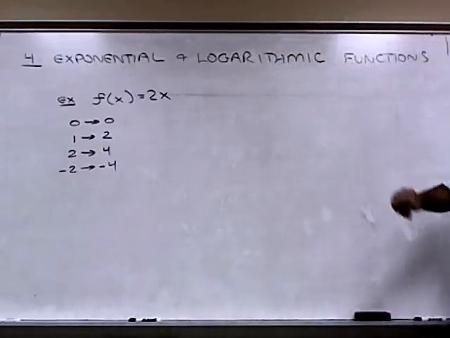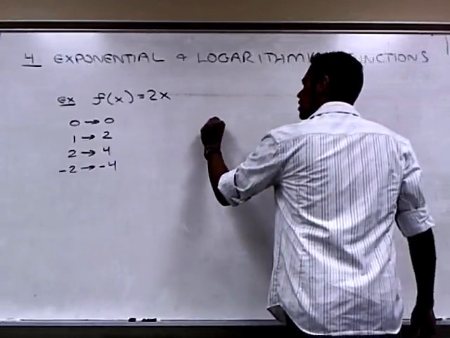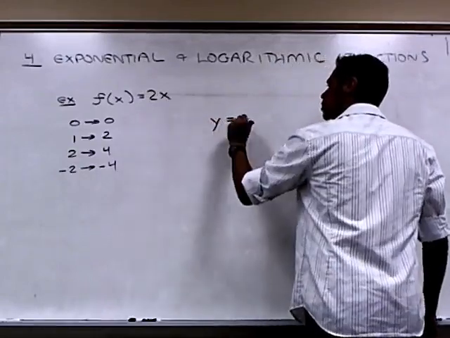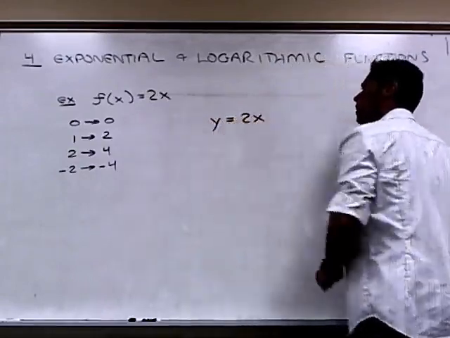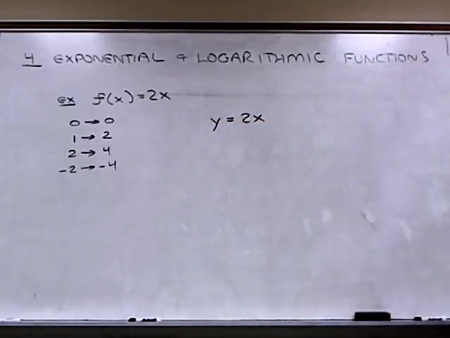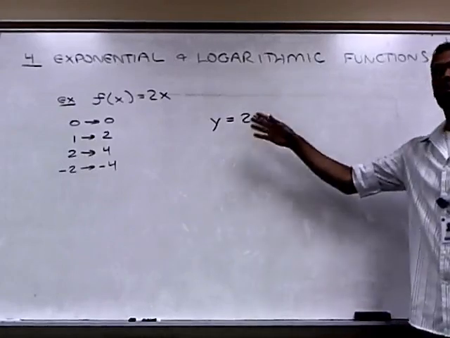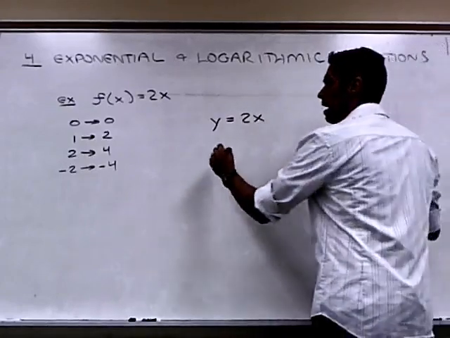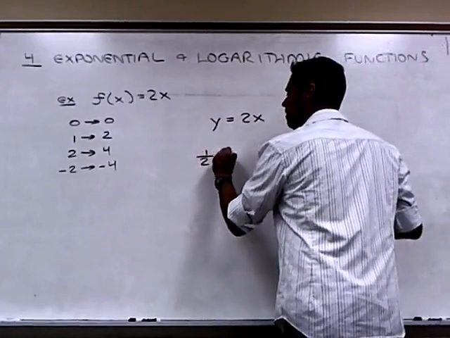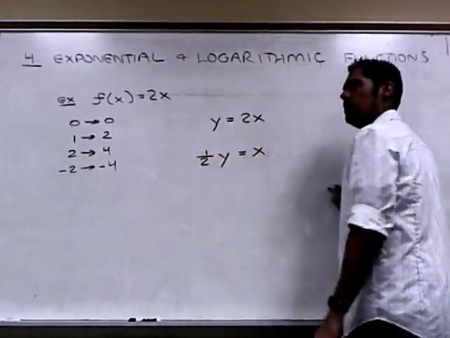You know it has an inverse. Let's see if we can figure out what it is. So I replace f of x with y. Can you solve that for x? Just divide both sides by 2, right? Or I could say multiply both sides by 1/2. Like that.